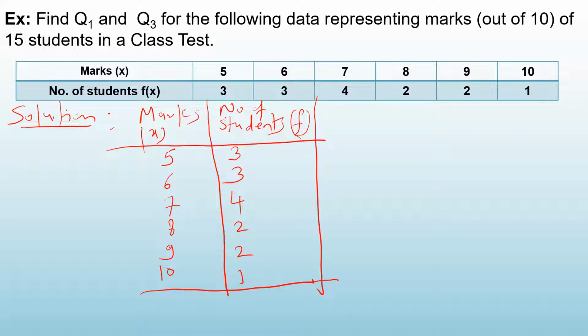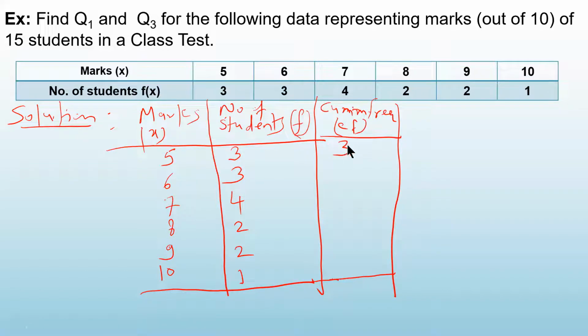Now to find Q1 and Q3, go back to the steps. What is my first step? I have to first find the cumulative frequencies. That is the first step. Cumulative frequency, which we denote by CF in short. This we have done in median also before vacation. So the cumulative frequency of marks 5 will be the same, 3.